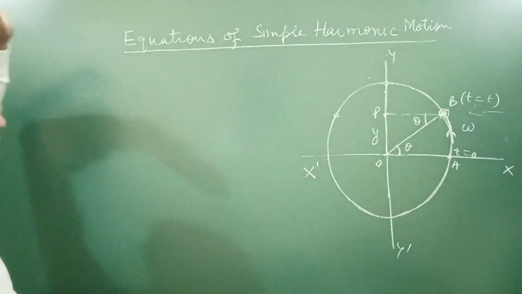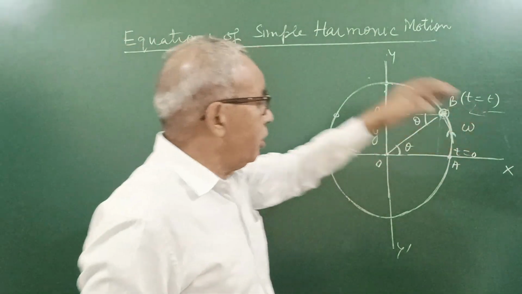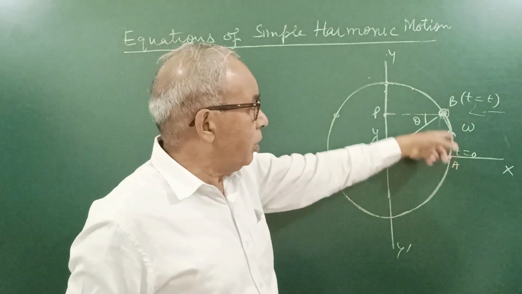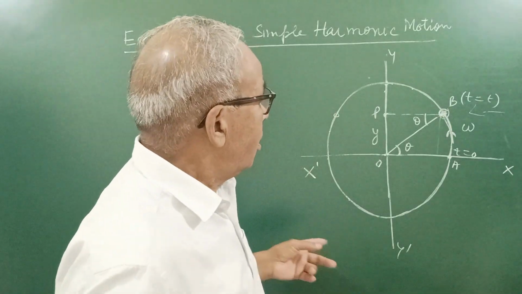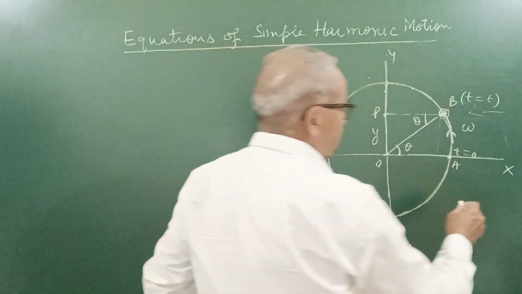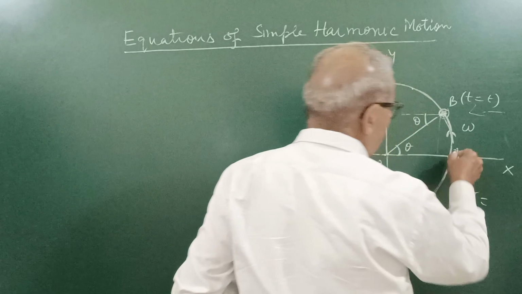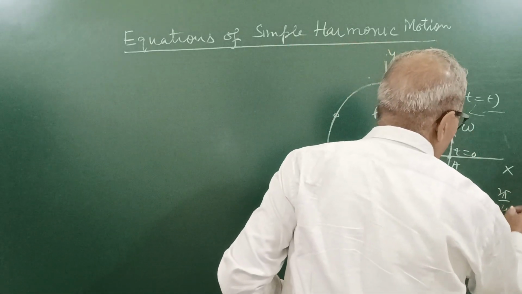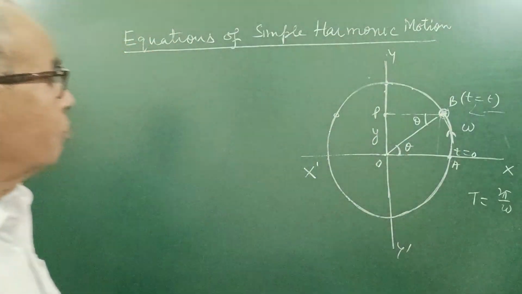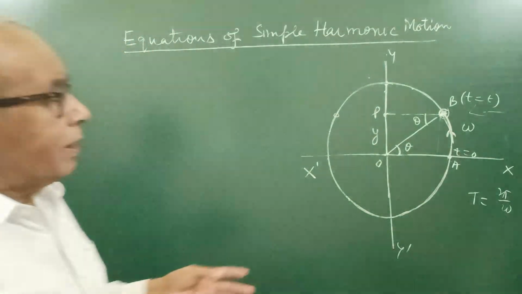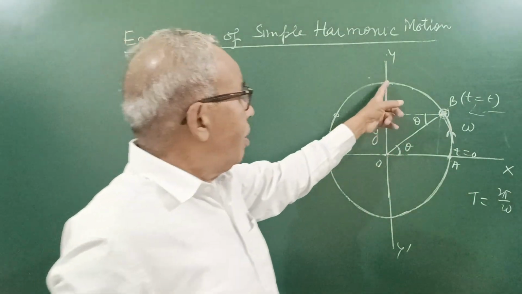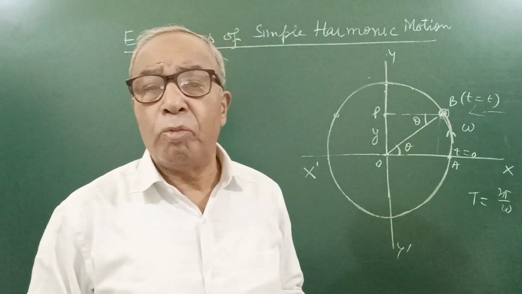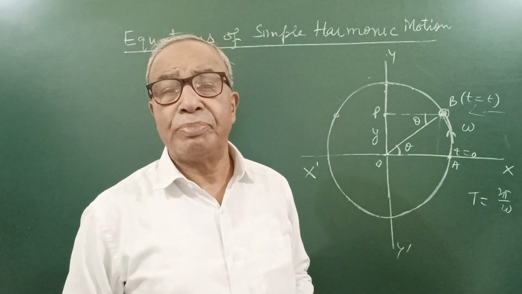In the figure, a body is moving on a circular path with constant angular speed, and the time taken to complete one rotation, T equal to 2 pi upon omega, is called the time period. So we can say that simple harmonic motion is the projection of uniform circular motion.